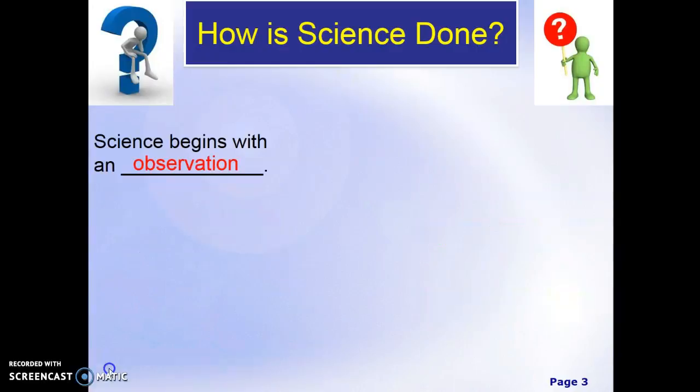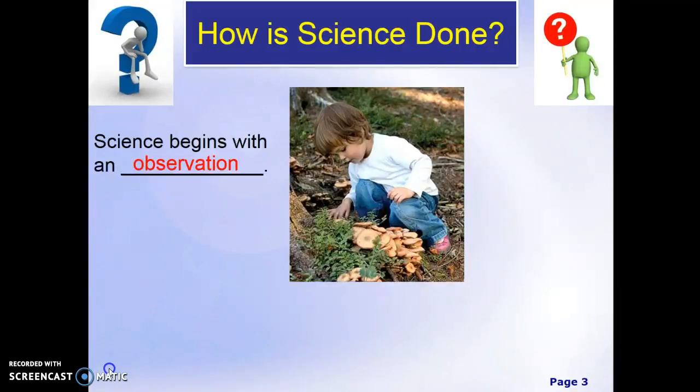Science is going to begin with an observation. And I talked a little bit about observations earlier. An observation is going to be anything, or any characteristic, you can identify with your five senses. Okay, so that's your hearing, seeing, touching, tasting, and feeling.